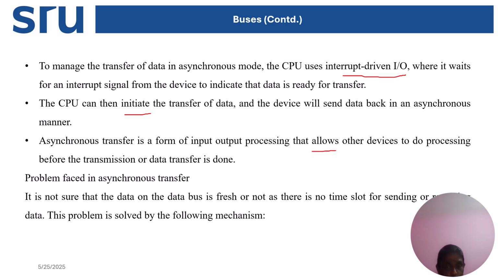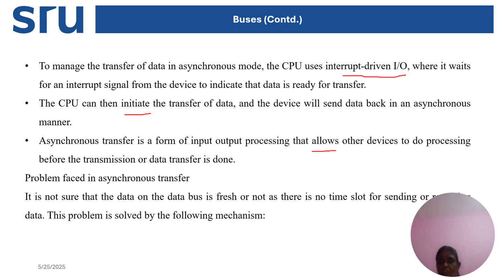That is the problem in this case. This problem is solved by the following mechanism. The only thing we should know is whether the data is correct or not. If it is new, I mean updated, then it is correct. If it is old, already available, then it is wrong data. So we must be sure that the available data is correct.